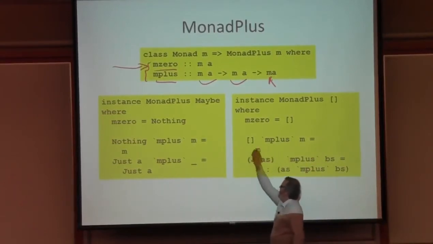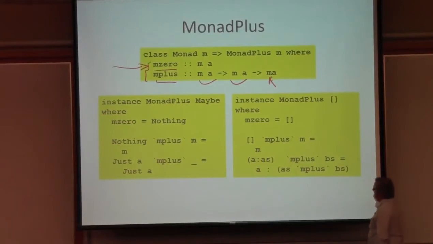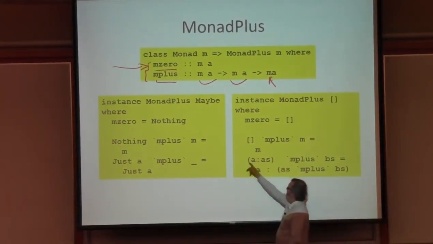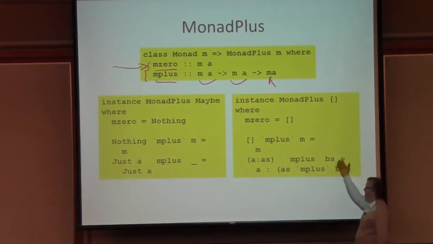M plus looks at the first argument, and if it's failed, it just takes the second in exactly the same way. The difference is that if the first alternative succeeds, then we don't throw away the second one, because it still provides alternative values for the computation.